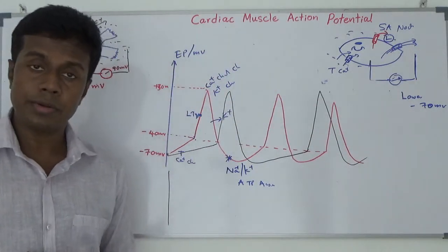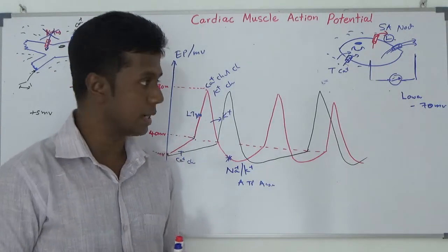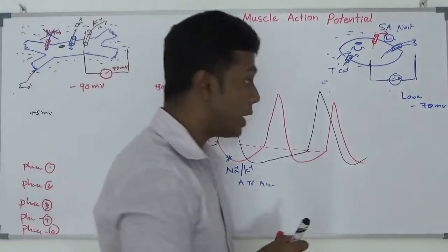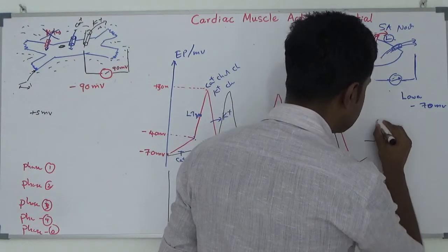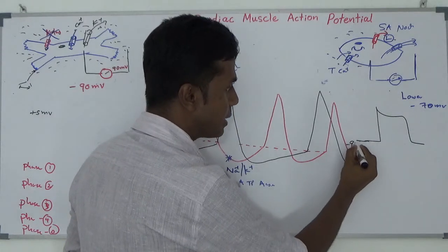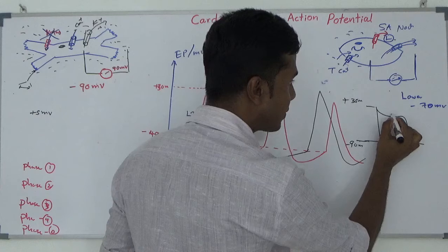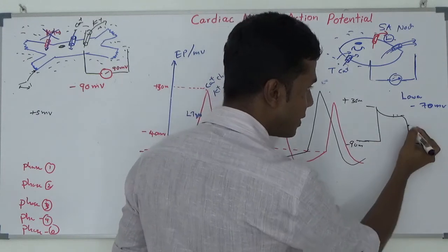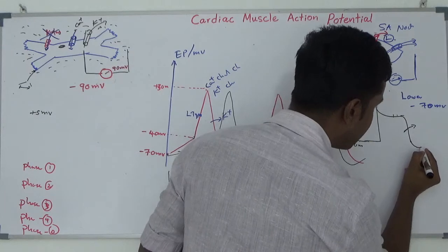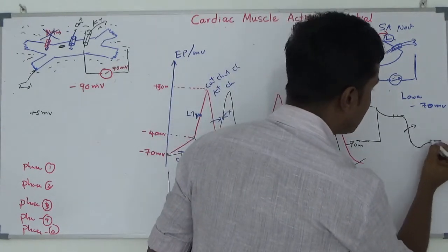Then I explore the Purkinje system cells and the bundle of His cells. If you remember the myocardial muscle cells, it will be like this: minus 90 millivolt potential, then plus 35 millivolt potential. It was maintained for a certain duration, then it reduced due to potassium efflux, went a little below minus 90 millivolts, then came back to minus 90.